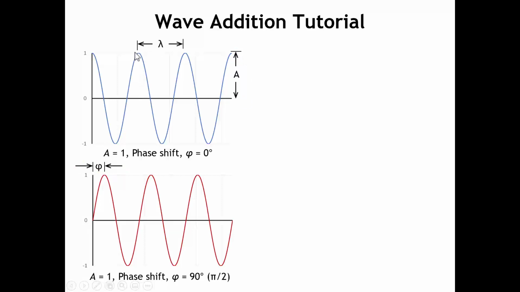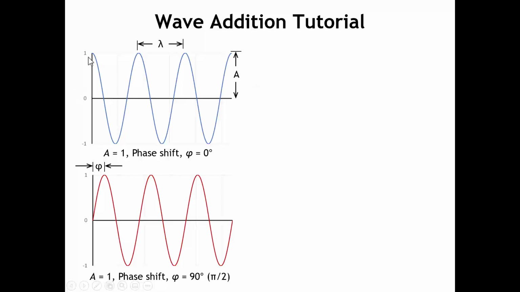I think the wavelength should be familiar, and in this example and everything that follows, we're going to talk about combining waves that have the same wavelength. That's the situation we have when we're talking about diffraction using monochromatic radiation. The amplitude here is just the height, and then there's the phase shift. So what is the phase shift?